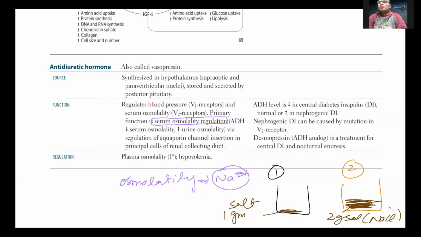Both have 200 ml capacity. Which will have more osmolality? Glass number 1 has only 1 gram salt and glass number 2 has 2 gram salt, so osmolality will be higher in glass number 2. I have told you osmolality is determined by sodium ions.